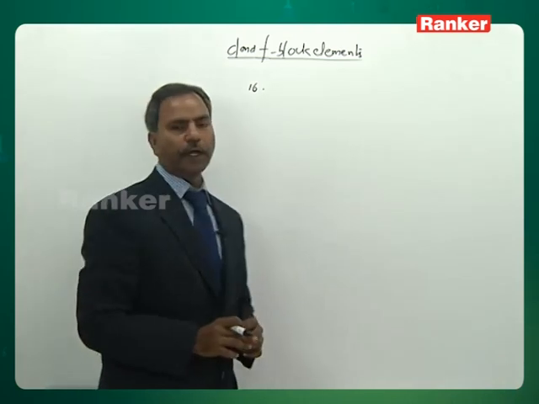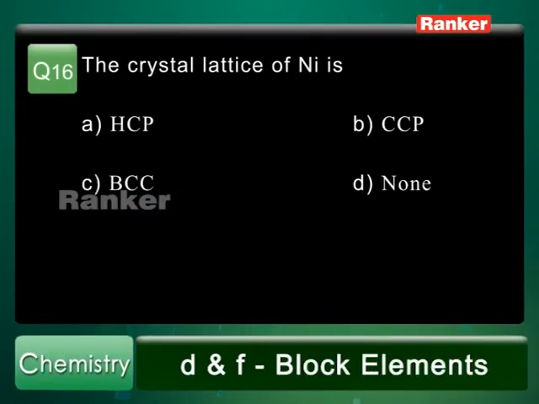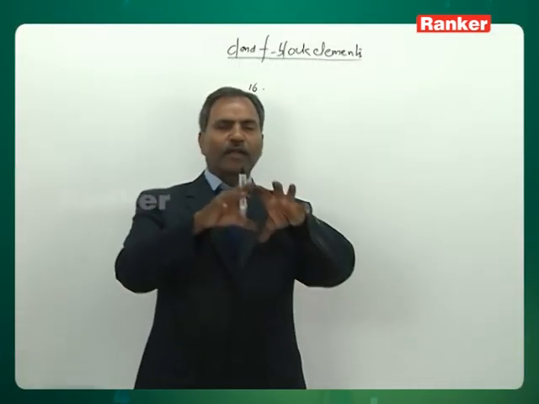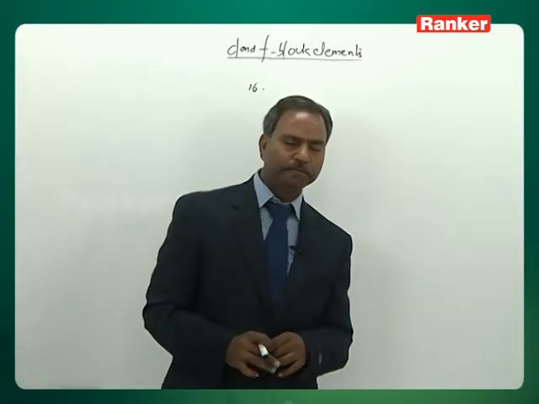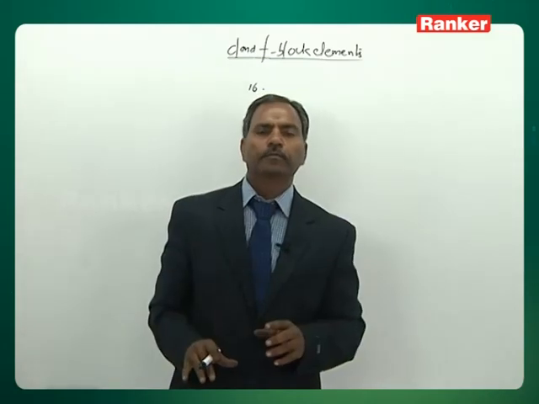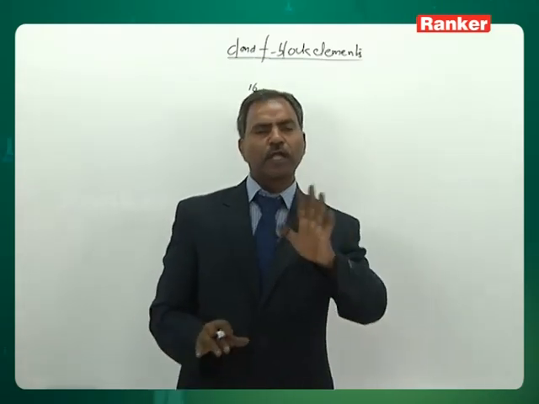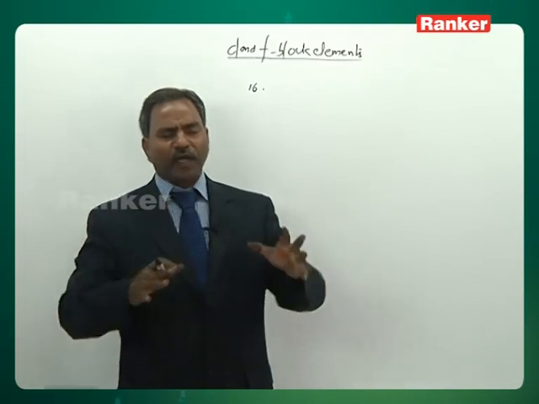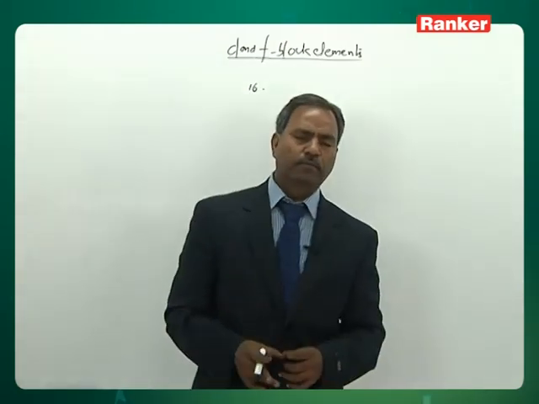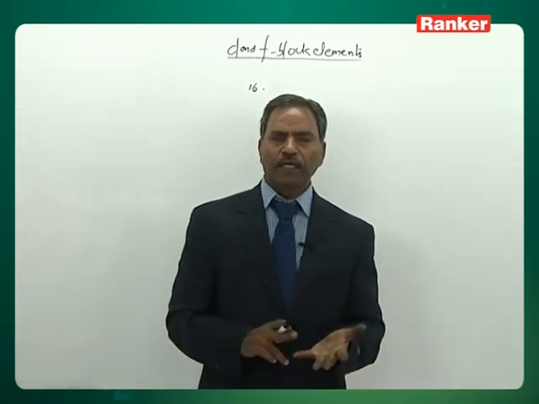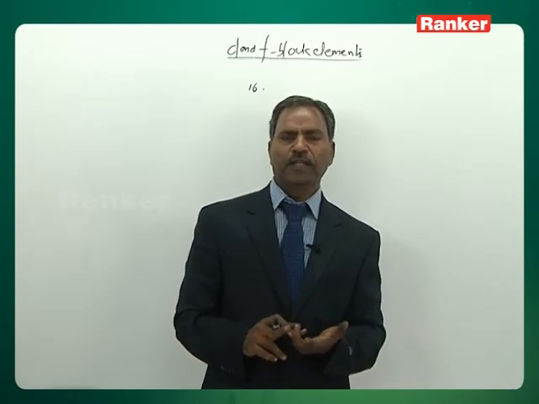Coming to the next question, 16. The crystal lattice of nickel is. After completing the entire d block elements, I gave all the 3d, 4d, 5d elements on the board. These 30 d block elements have different types of metallic lattices, HCP, FCC, BCC and so on.